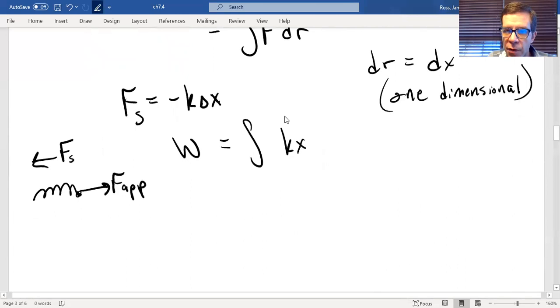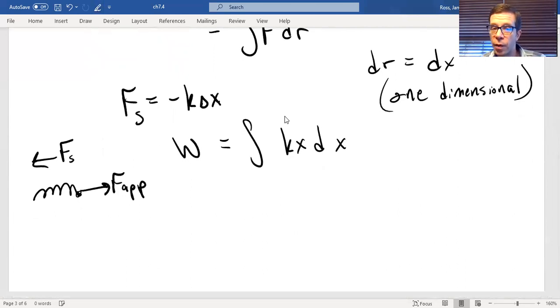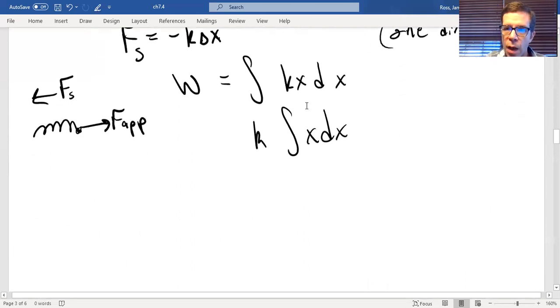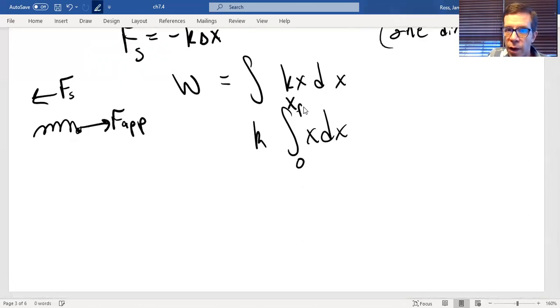So now I've got k x, and I'm replacing dr with dx because it's one-dimensional. All right, and k is a constant. I can bring that out of my integral, and I've got x dx. And we're stretching from our initial point, which we said was our 0 point, to some value x final.